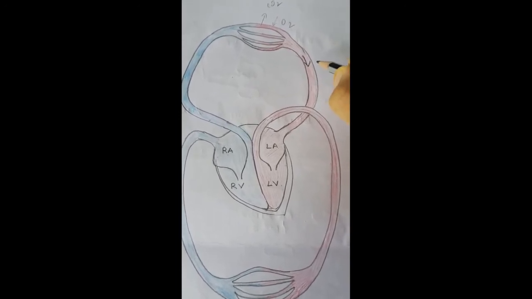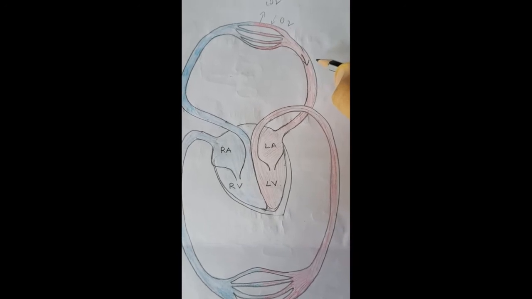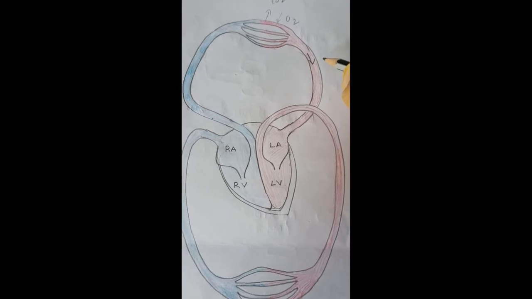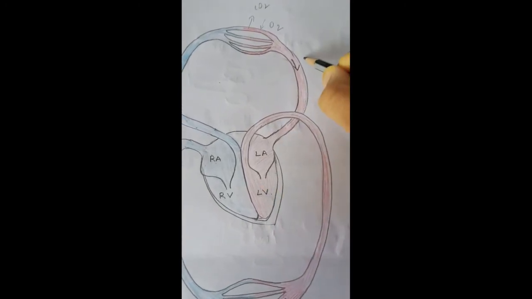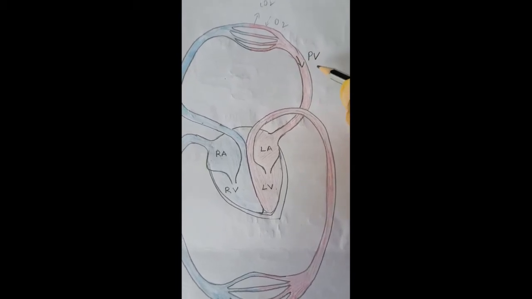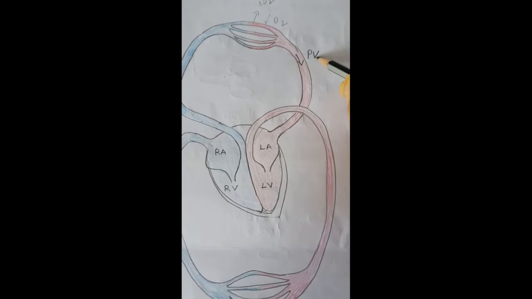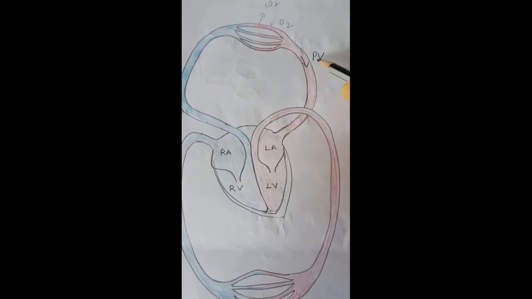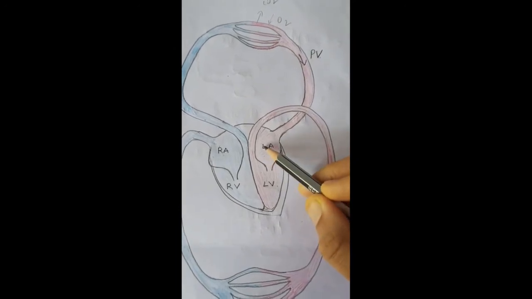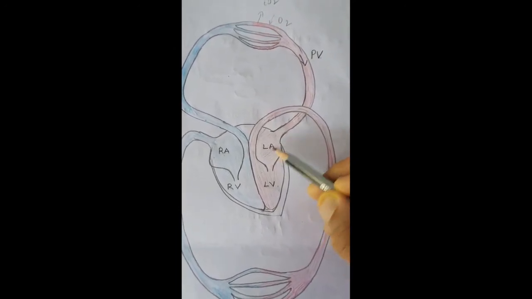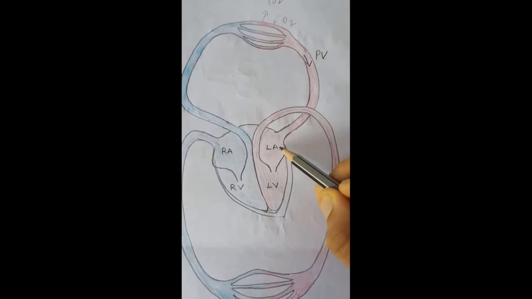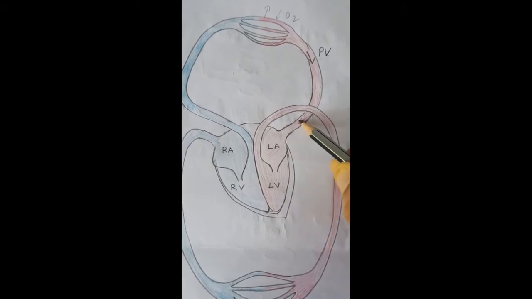The blood vessel which arises from the lungs, which pumps oxygen rich blood to the heart, is called pulmonary vein. Pulmonary vein supplies oxygen rich blood to the heart, especially which chamber? Left atrium. So pulmonary vein pumps oxygen rich blood to the left atrium of the heart.